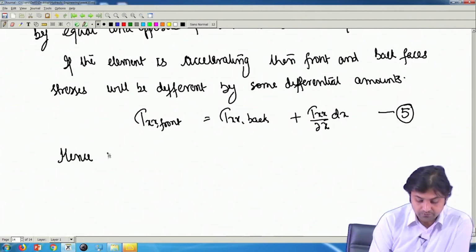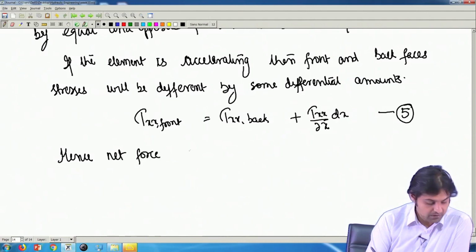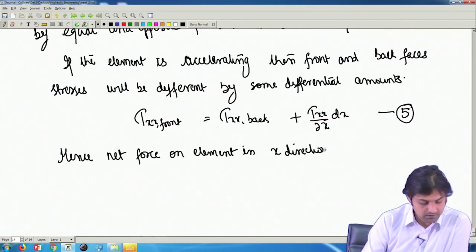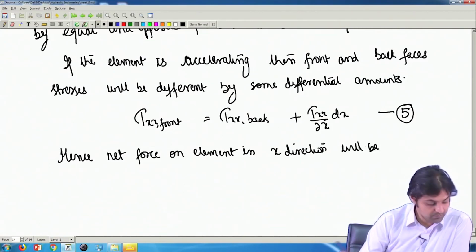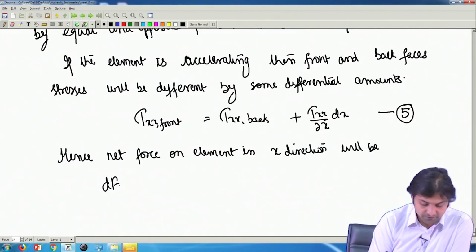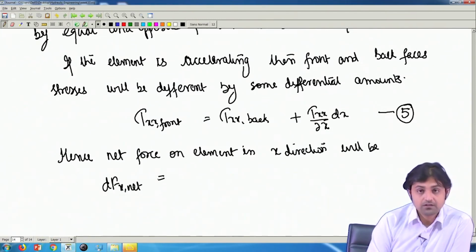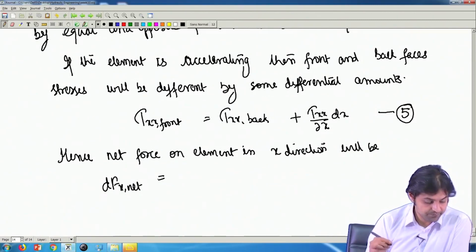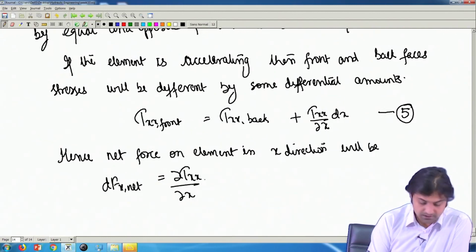Hence, the net force on the element in the x direction, dfx net, will be the differential. So that is going to be del tau xx by del x into dx, this differential stress multiplied by dy dz.